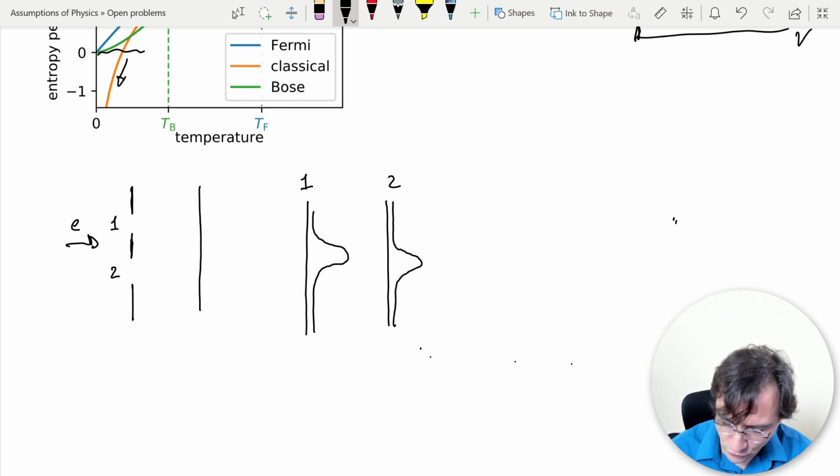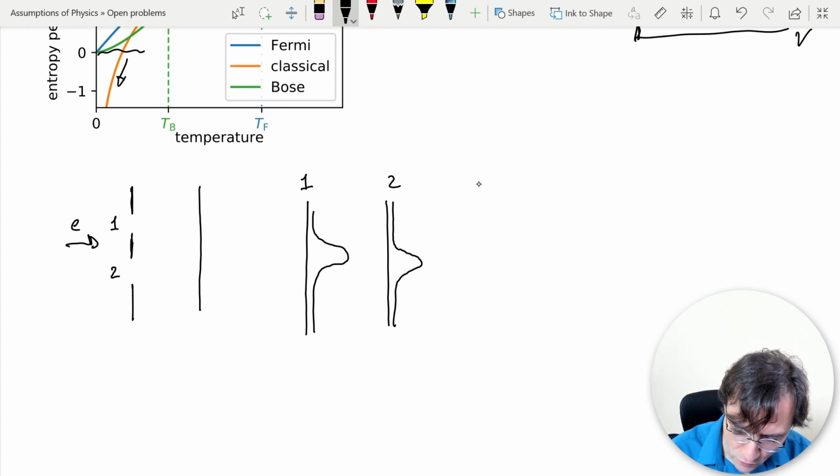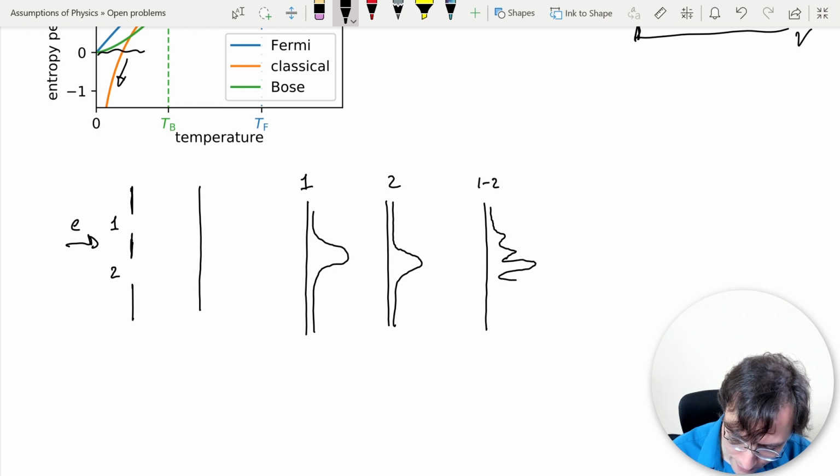If the two slits overlap, and you keep them both open and your beam is coherent, then you would have an interference pattern, something that oscillates, goes up and then goes down.